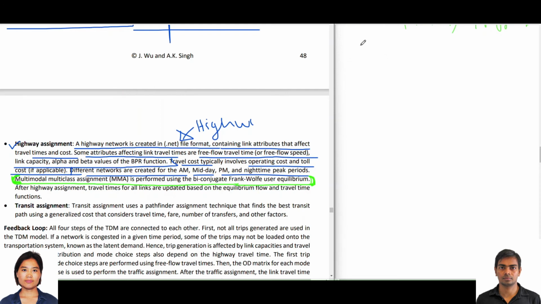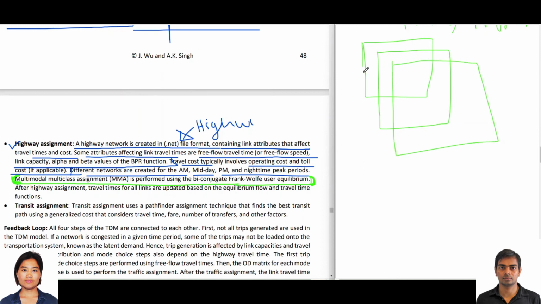Multimodal by definition means it involves different kinds of options. It can use transit, private cars, and if other, bike, aviation. Then multi-class. What multi-class means is usually we have different OD matrices for different classes of vehicles. Let's say the first OD matrix is for car. The second OD matrix is for small trucks.